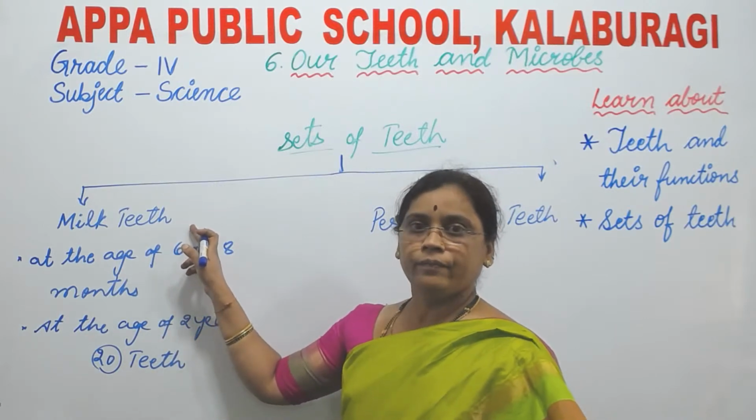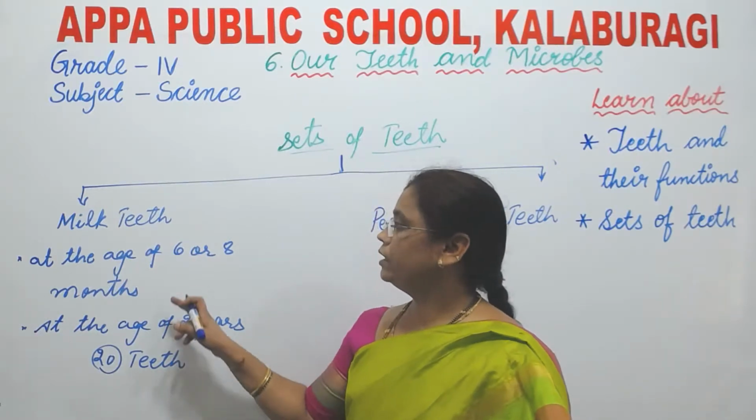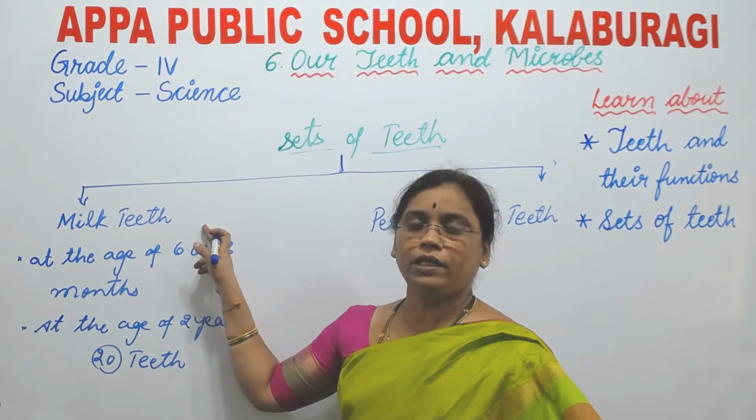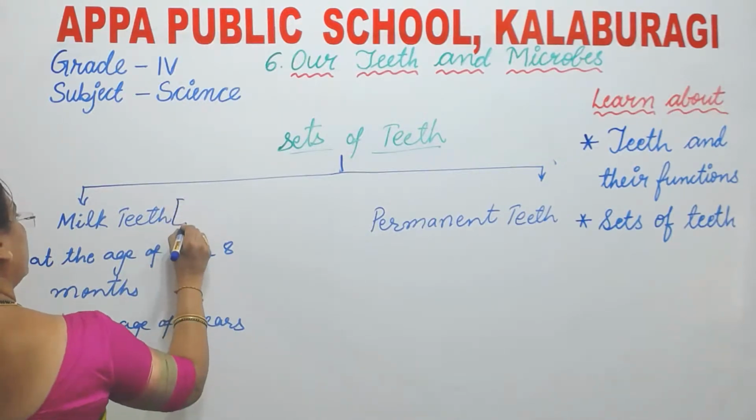Got it, children? The set of 20 teeth at the age of 2 years is known as milk teeth. And the milk teeth are also called baby teeth.